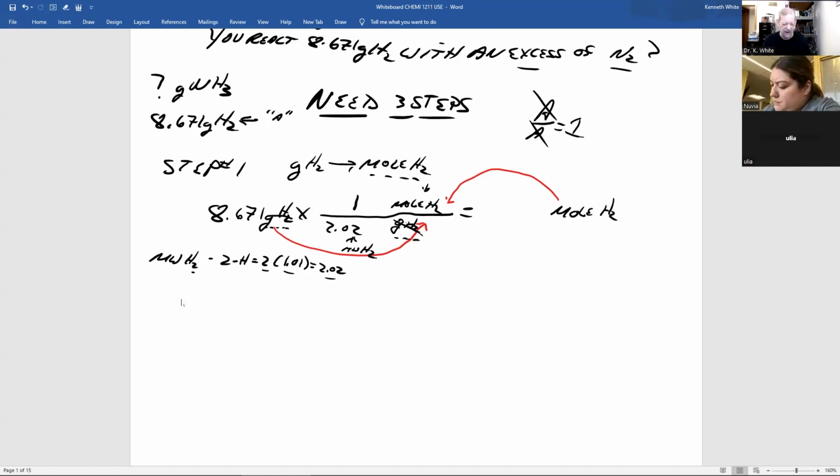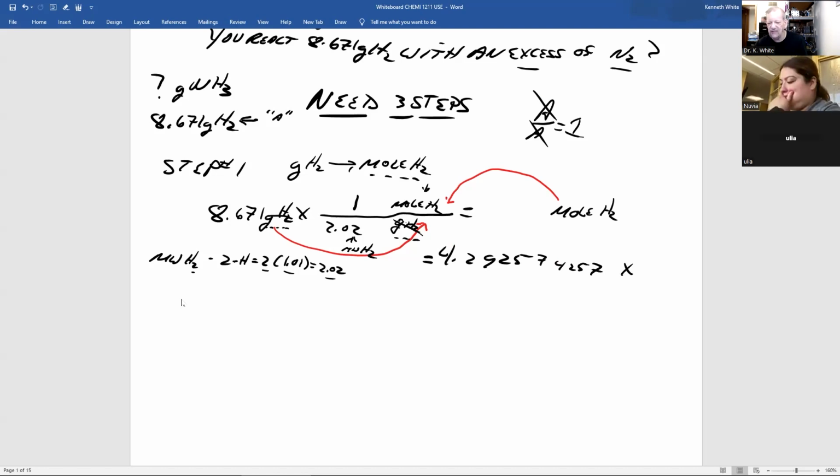Now I'll pick up my calculator, clear it, 8.671 divided by 2.02. And my calculator gives me a highly significant number, but my calculator doesn't know significant figures.